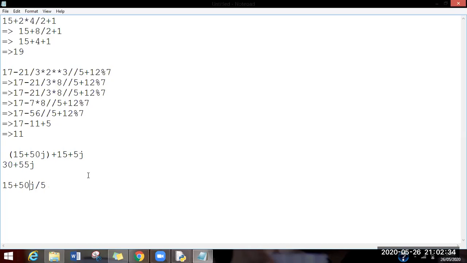But over here, when it comes to division, it is only dividing the imaginary part. It is not doing the division operation on the real part. So the answer for this will be 15 plus 10j.